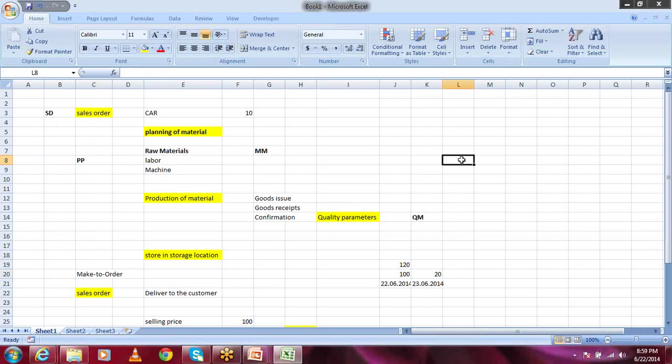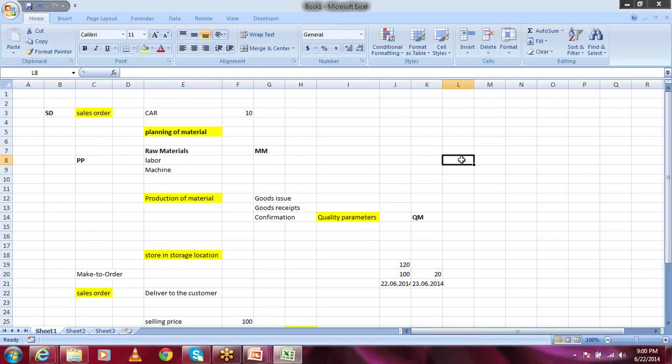In SOP, you take the historical data, and from that historical data you derive the forecast. You run forecast strategies like a trend model, and you derive the future demand. Based on that demand, you get what are called PIRs, planned independent requirements.